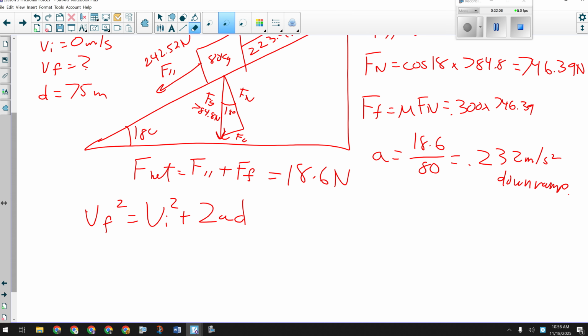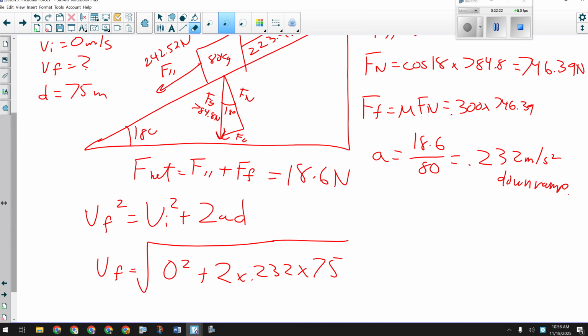Because I believe I heard somebody whisper, you've got to square root that. Yes, you do. When you're looking for VF here, you've got to go 0 squared plus 2 times 0.232 times 75 meters.